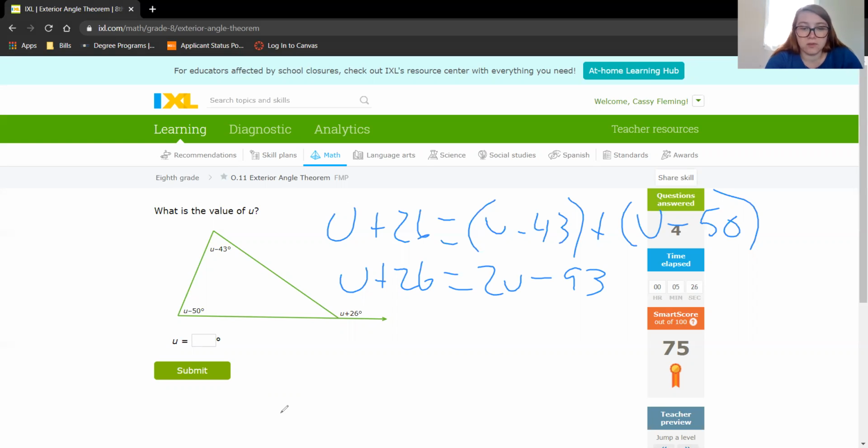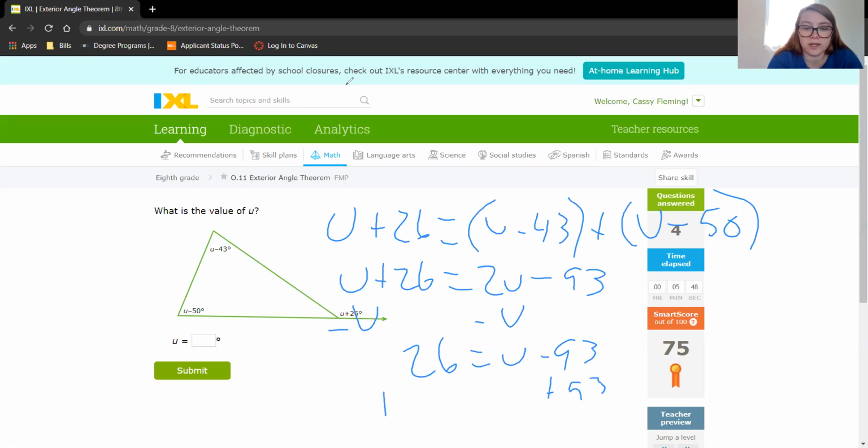Let's get rid of this u, so we subtract u from both sides. What we do to one side, we have to do to the other. So we have 26 is equal to u minus 93. Now we just have to get that u by itself. We're going to add 93.